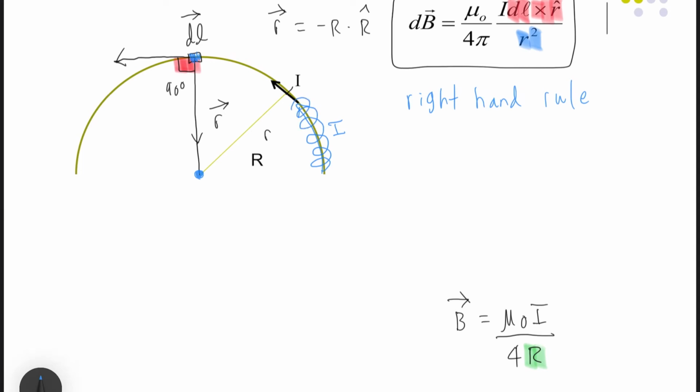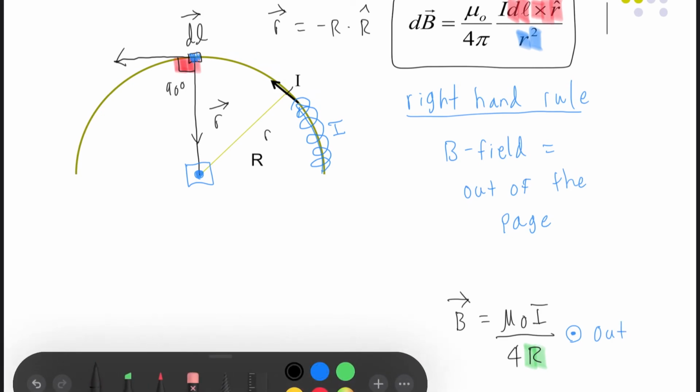So what's happening is the magnetic field is coming out of the page at the middle of our circular loop. All right, so using the right-hand rule, we determine that our B field is out of the page. And we can just denote that here with a circular dot, out.